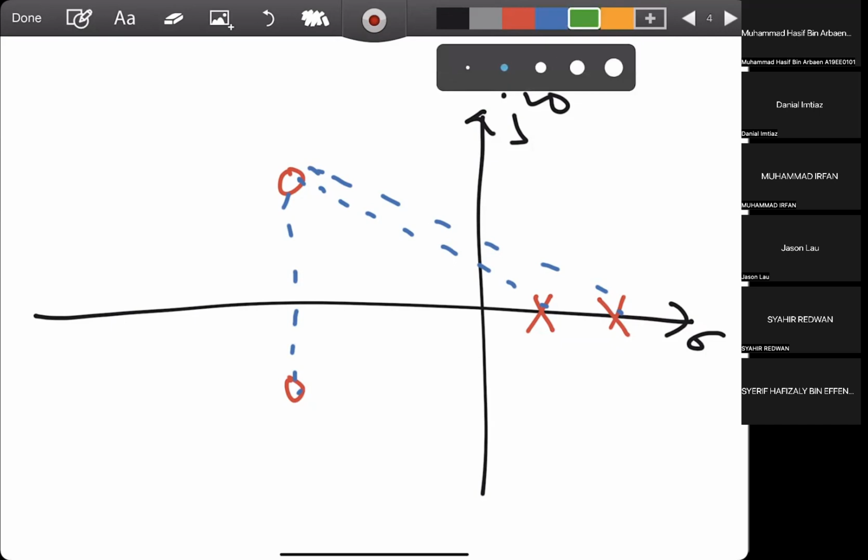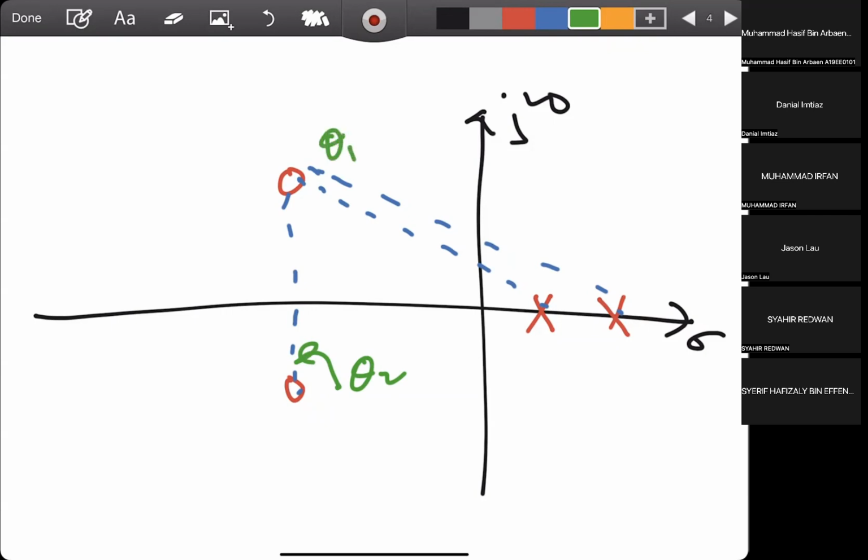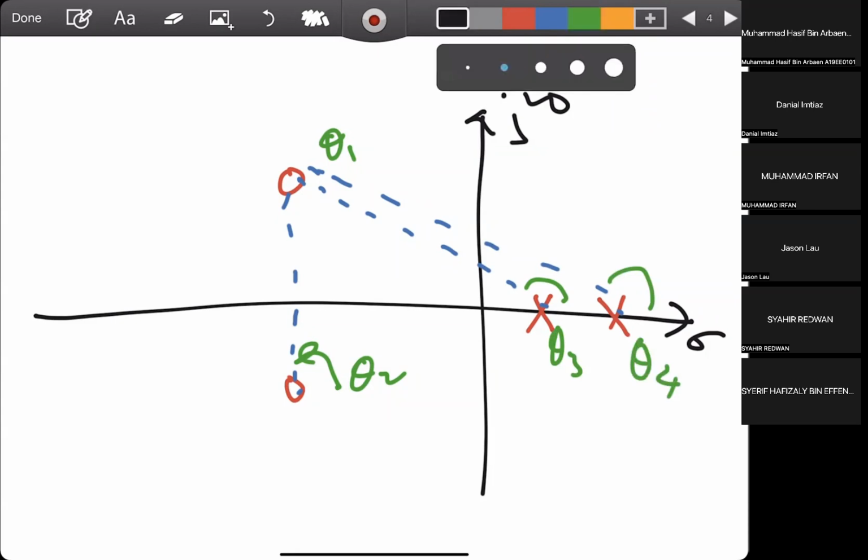This one is theta 1. Theta 1, theta 2 due to zeros. Theta 3, theta 4 due to poles.